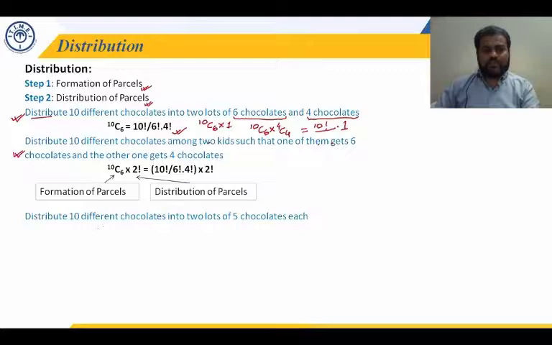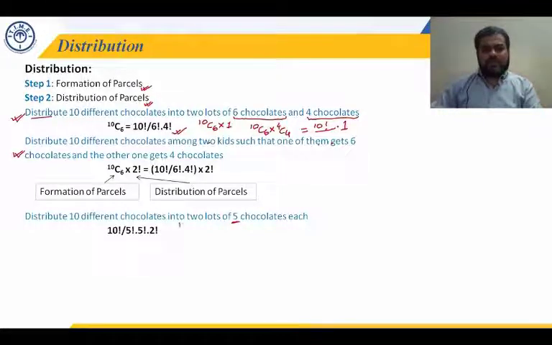Okay. Now suppose, in the third case, we distribute 10 different chocolates into 2 lots of 5 chocolates each. Here the lots are equal: 5 chocolates in one lot and 5 chocolates in the other lot. In that case, it will be 10 factorial by 5 factorial into 5 factorial by 2 factorial.